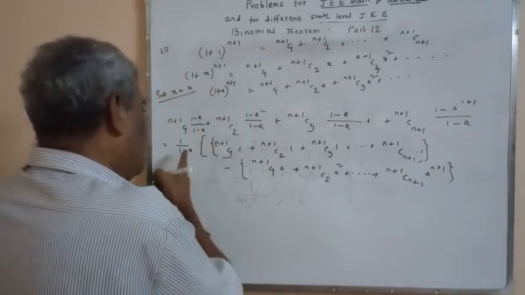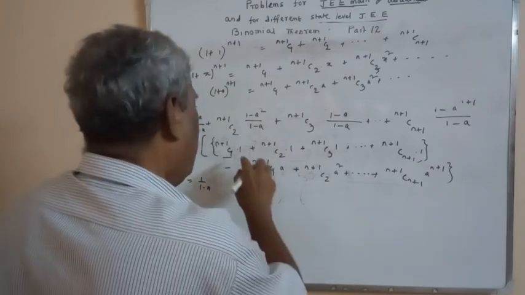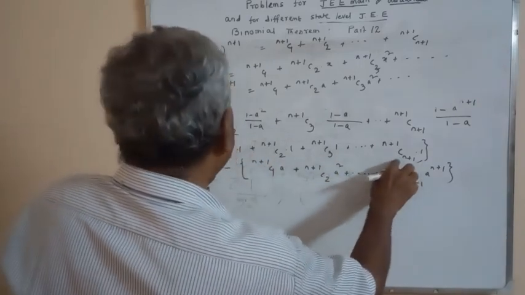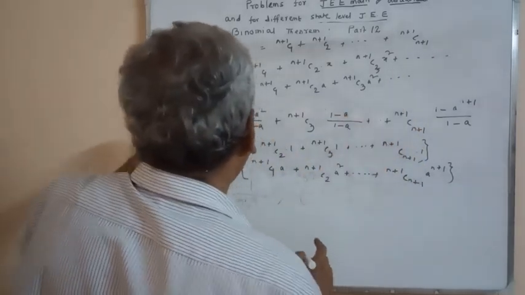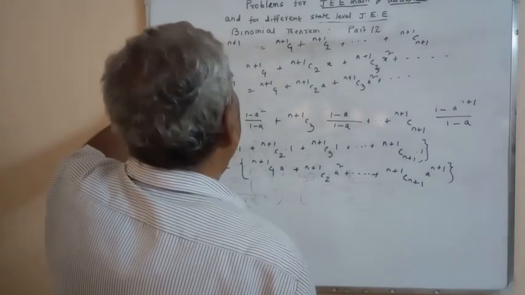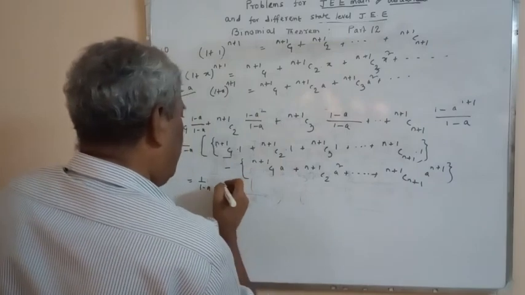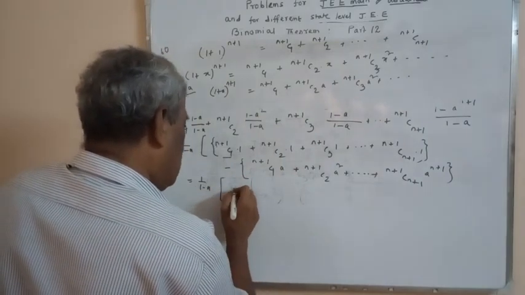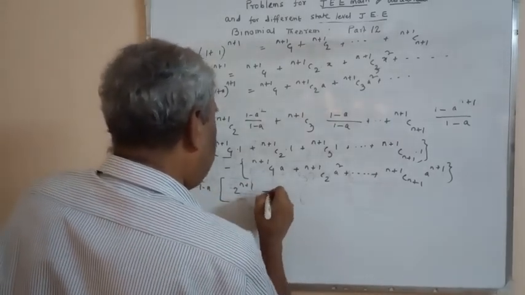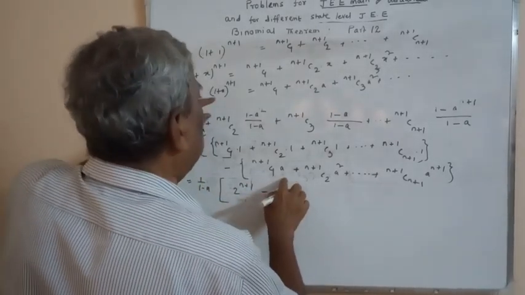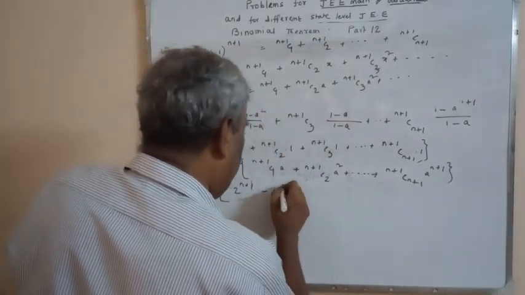So this becomes 1 upon 1 minus a. From this to that, it is simply equal to 2 to the power n plus 1 minus, this is equal to n plus 1 c1, that is 1 plus a.